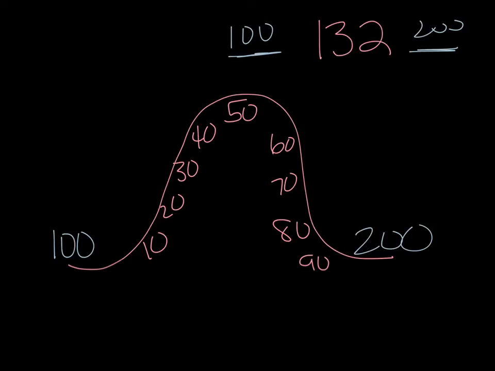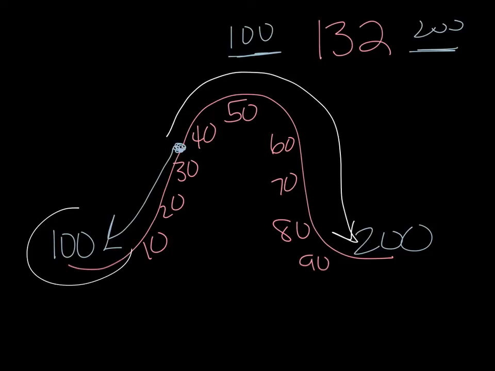So I'm going to think about where my marble would go if it was 132. So really it would be somewhere right in here. And is my marble going to roll this way to 100, or is it going to roll all the way up the hill and over to 200? So it would roll down to 100. So 132 rounds to 100.